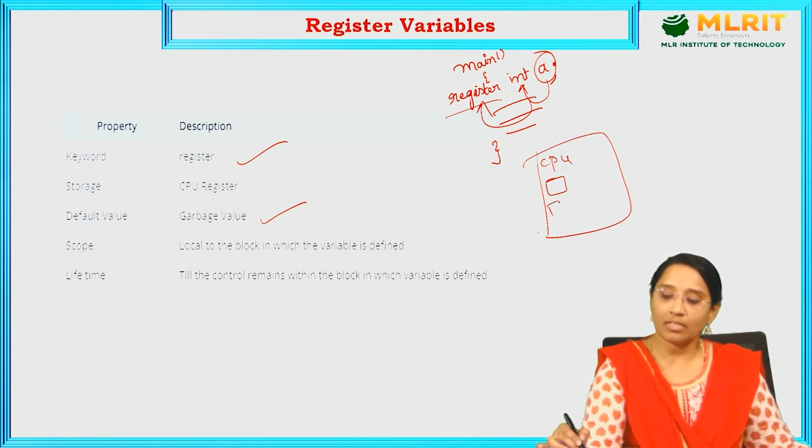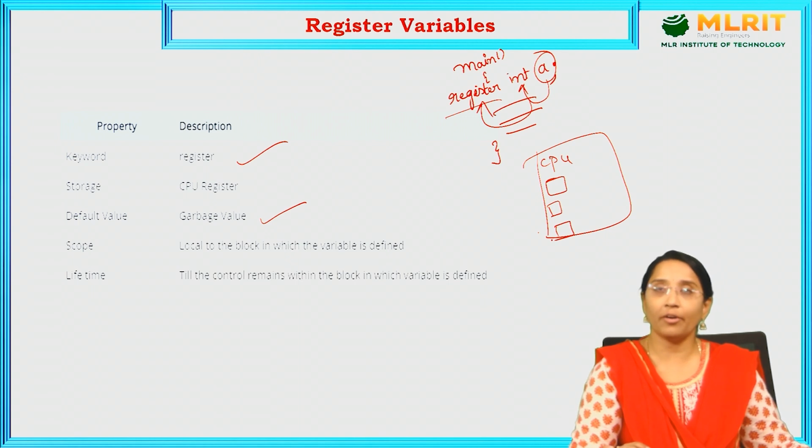Registers are one type of memory unit. So why do we need to store variables in registers? What is the advantage? To access your data quickly. What does it mean?